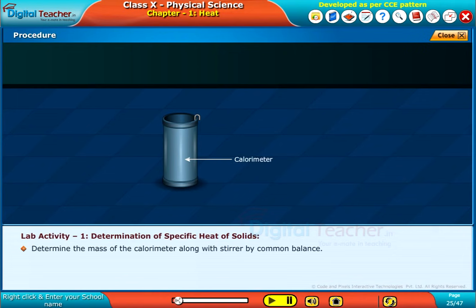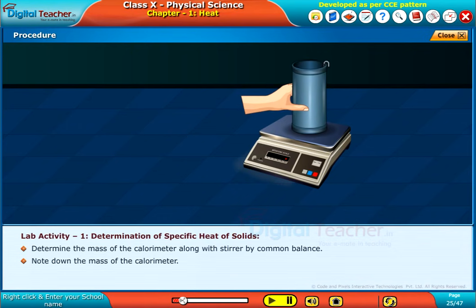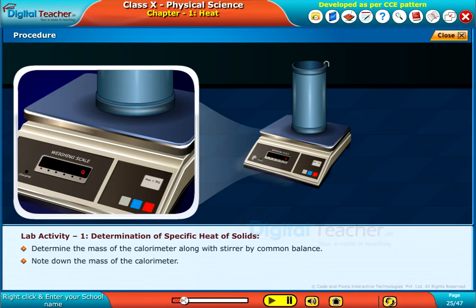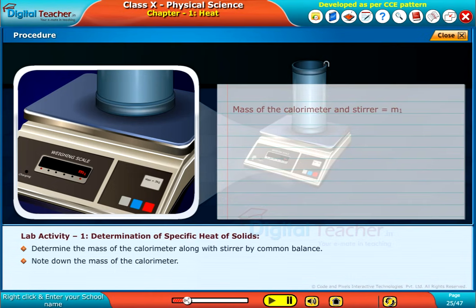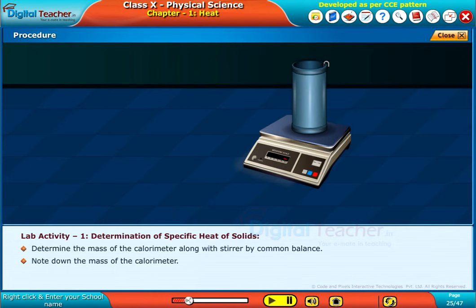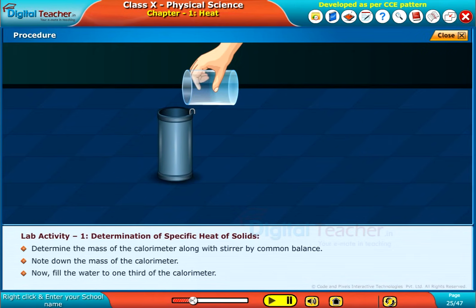Determine the mass of the calorimeter along with stirrer. Note down the mass of the calorimeter. Now fill the water to 1/3 of the calorimeter.